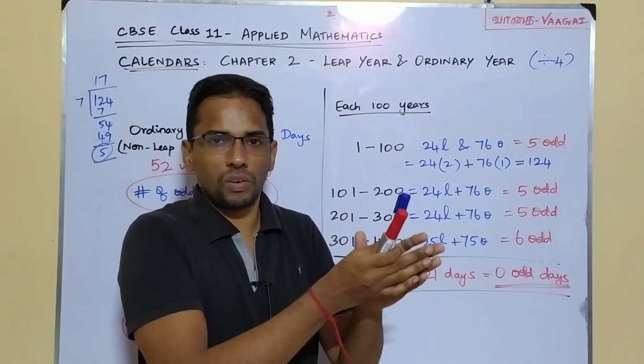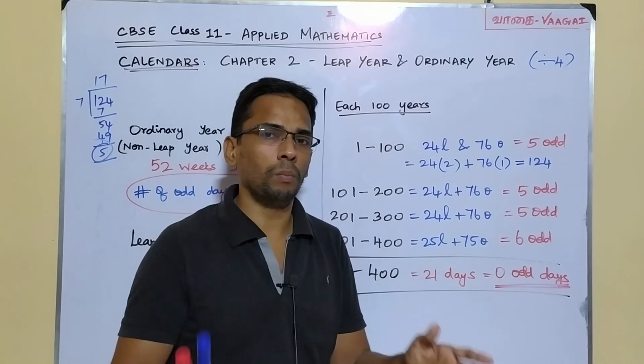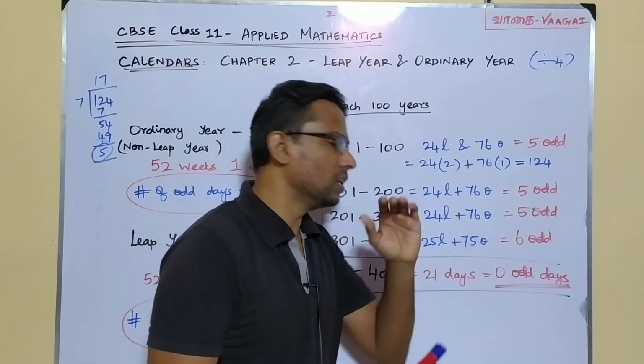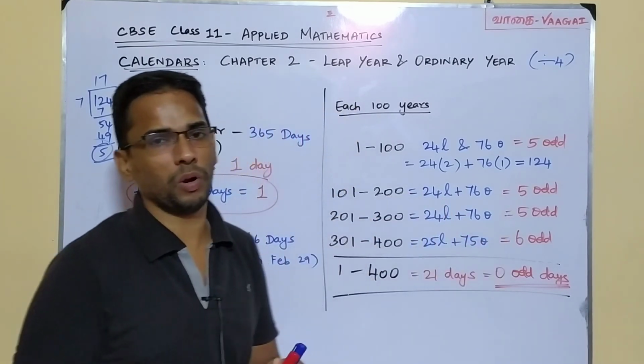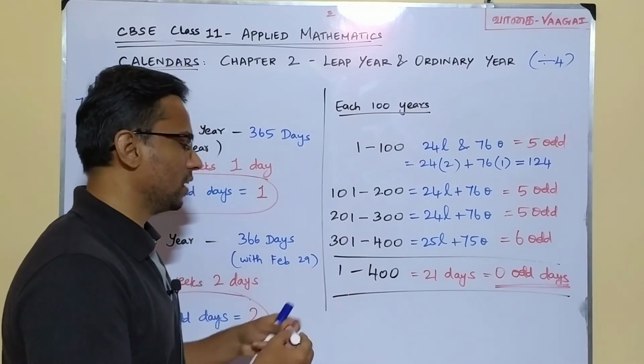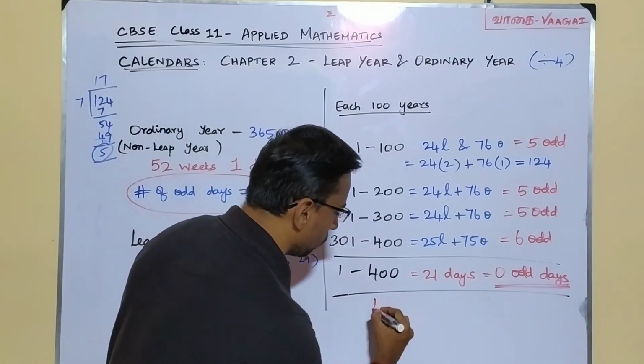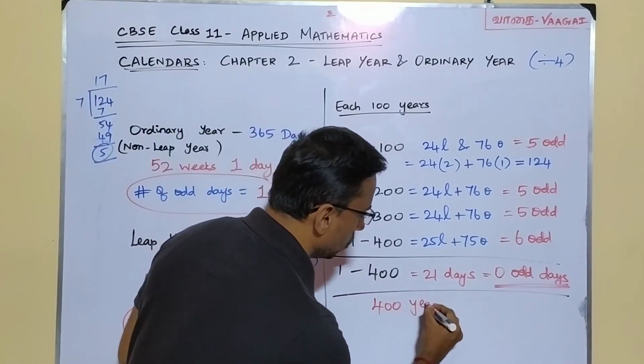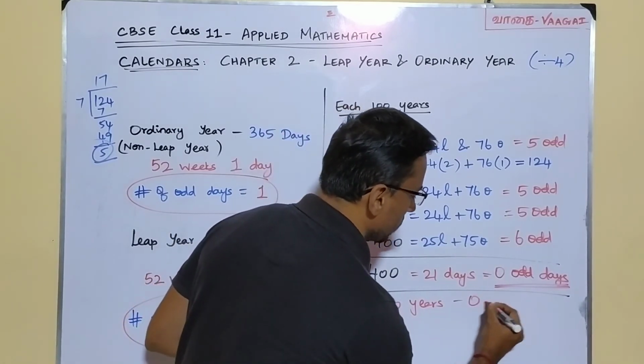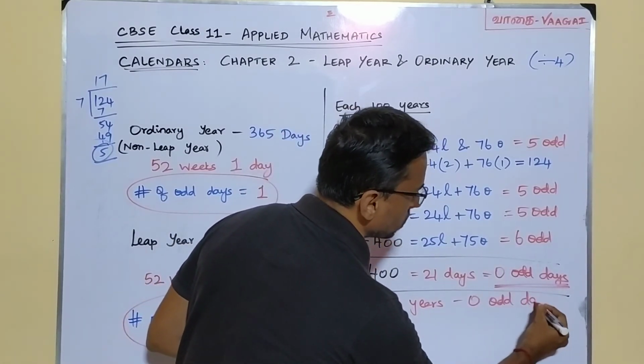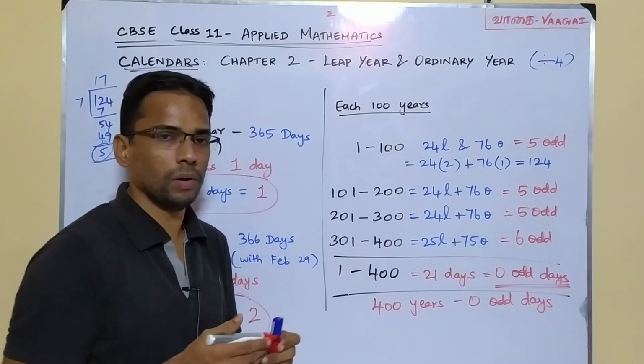That means for 400 years, the number of odd days is going to be 0 odd days. That's the next point. Okay. So for 400 years, that also I'll just write here. For 400 years, you will have 0 odd days. This is once again another strong point you have to remember.